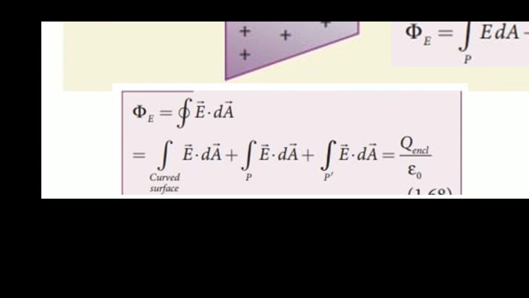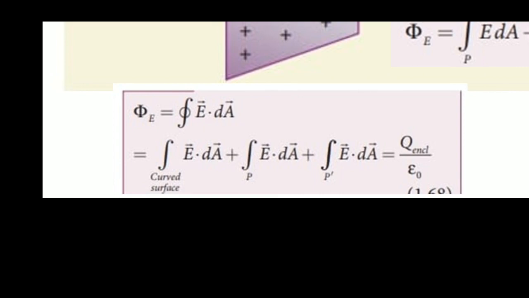So now I am not writing closed. I just wrote integral E dot dA for each surface, which is equal to, as per Gauss law, total charge enclosed divided by epsilon naught. I have three surfaces, so Gauss law is written for all the three surfaces.